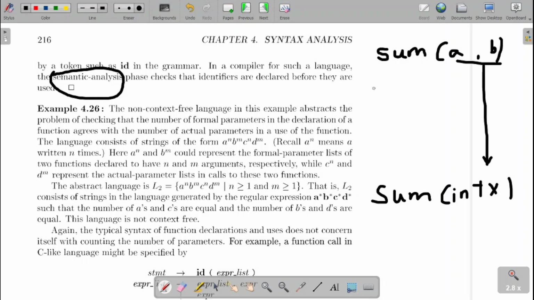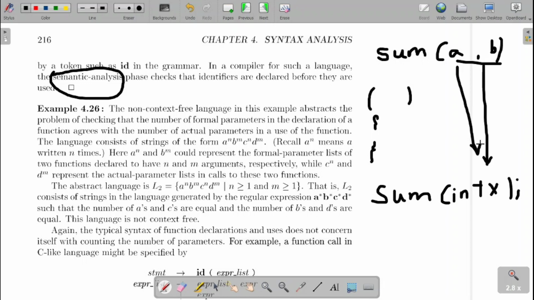For every opening parenthesis I should have a closing parenthesis, for every opening brace a closing brace, and every statement is to end with a semicolon. These errors we can easily find in the syntax analysis phase.